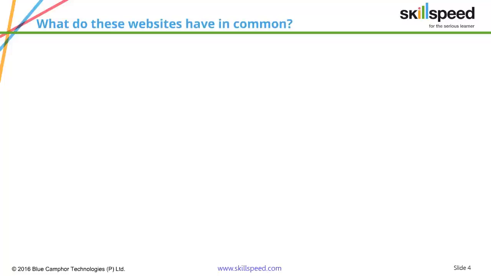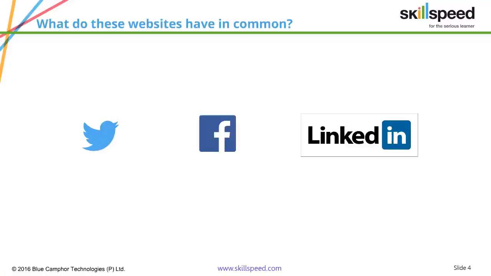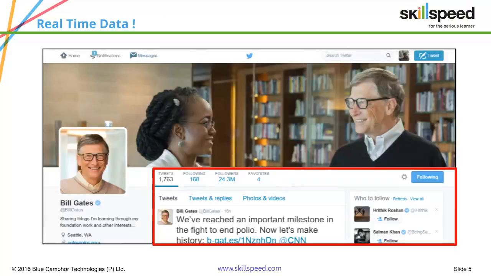Let's begin our discussion by comparing three of the most popular social media platforms in the world: Twitter, Facebook, and LinkedIn. Let's have a look at the Twitter page of a particular person. For example, I have shown you here the Twitter page of Bill Gates, and let's see what is so interesting about this. The first thing is real-time data.